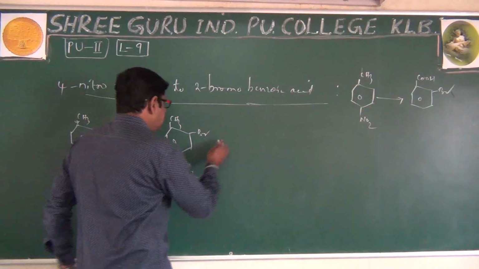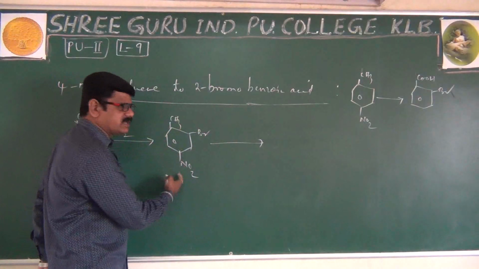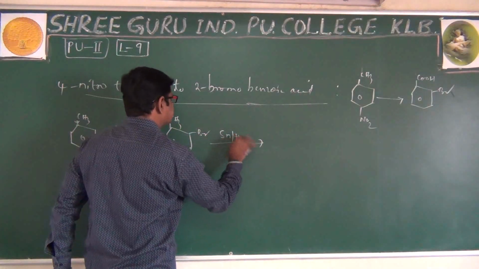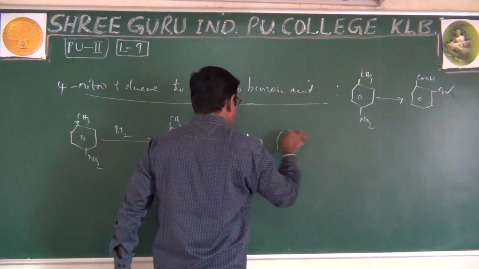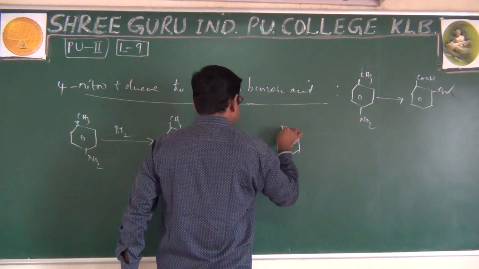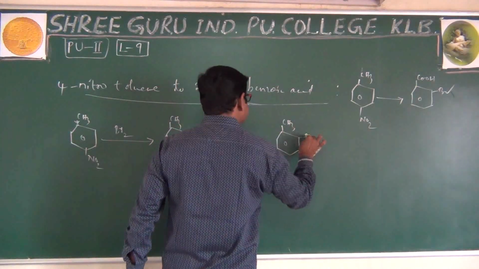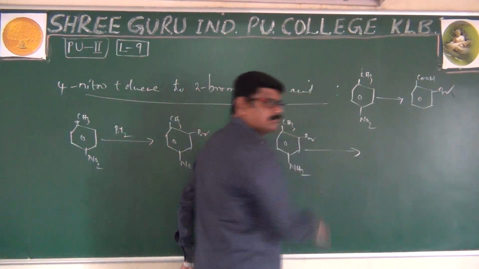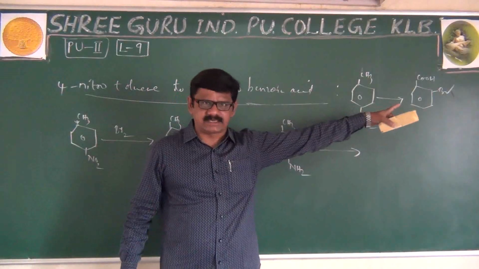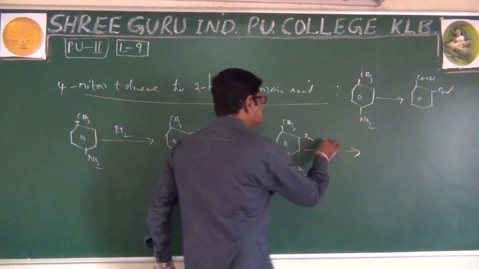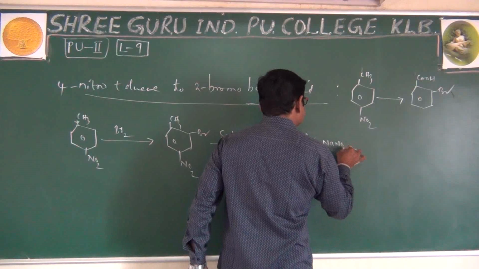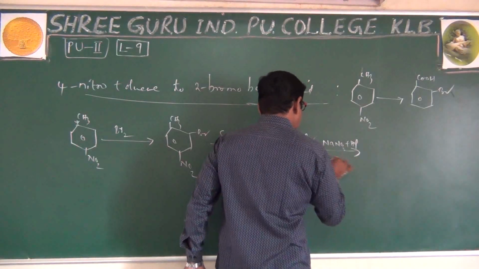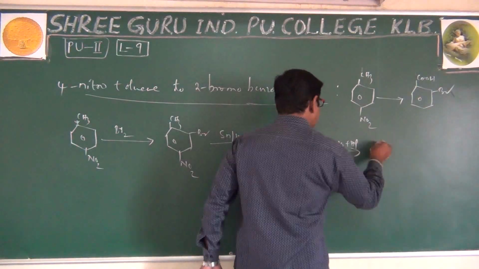For NO2 removal, first we do the reduction with Sn/HCl. And I will get CH3Br as it is, and NO2 is converted to NH2. But NH2 is also not there, hydrogen is there. That's why we do diazotization, NaNO2 HCl, again 0 to 5 degrees centigrade.